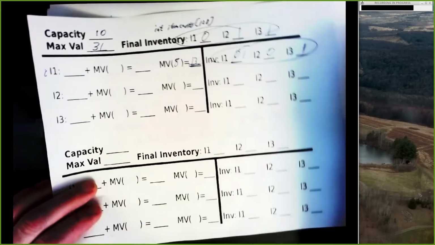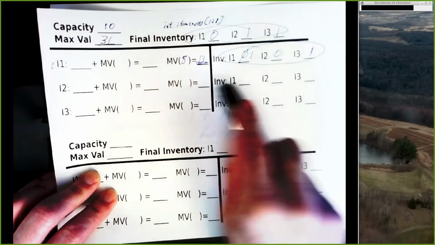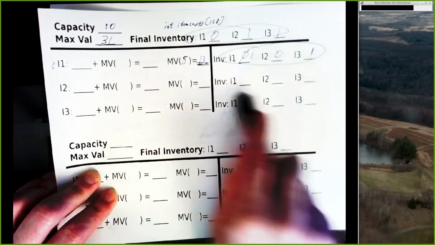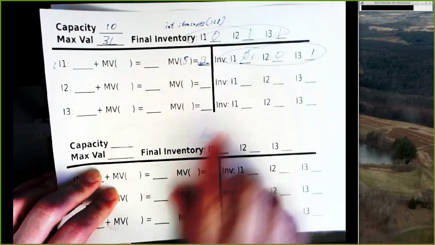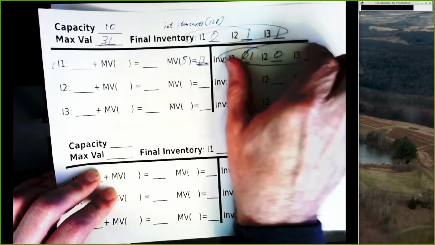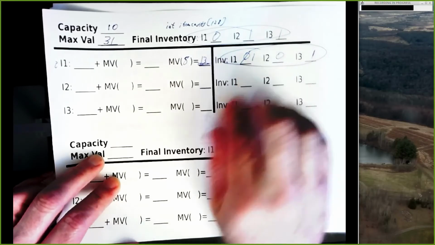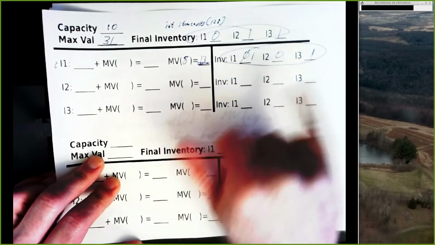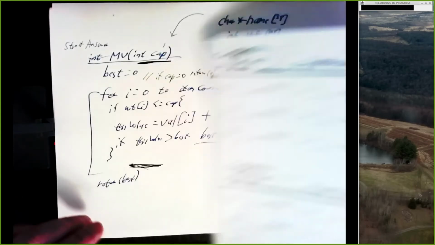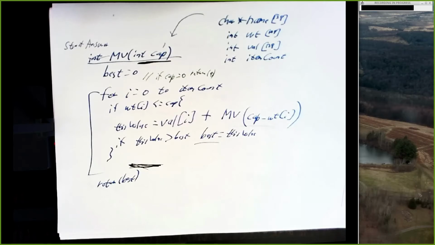Okay. So we need to have one of these per call to MaxVal, and this will be totally different from that. If we only had one array of item counts, then yeah, when we call this one, we'd bump up item 2. When we call this one, we'd bump up item 3, and you'd get what you're describing. Okay, I think I get it.